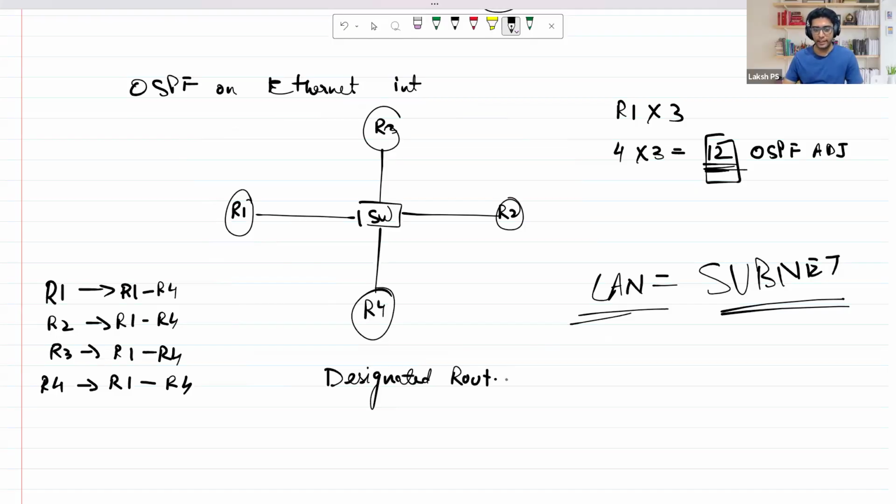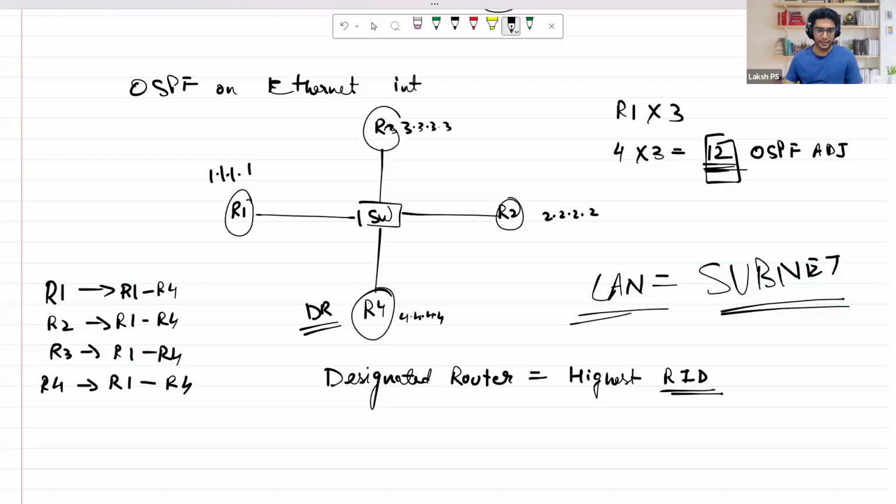The designated router is the router which has the highest router ID. So in our case, if we take 1.1.1.1 here, this is 3, this is 2, and this is 4. So R4 becomes the designated router.